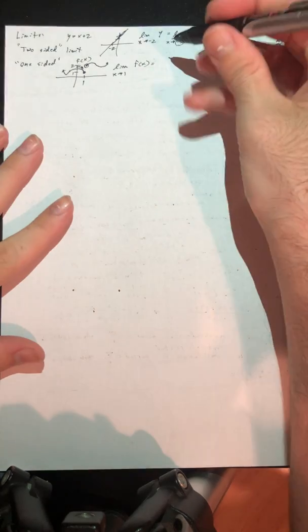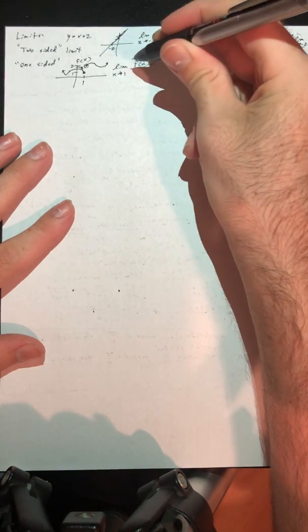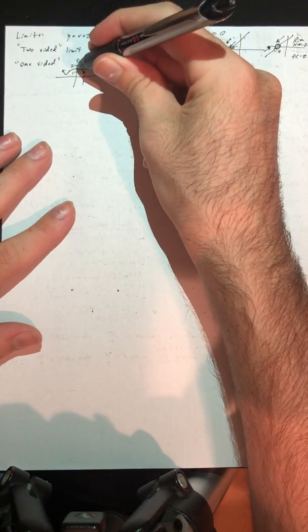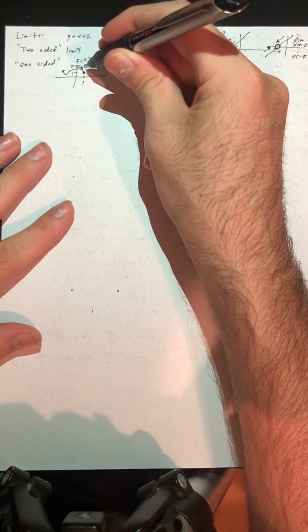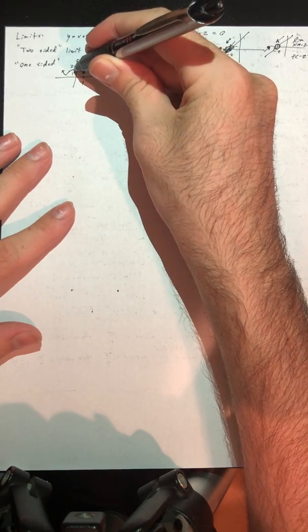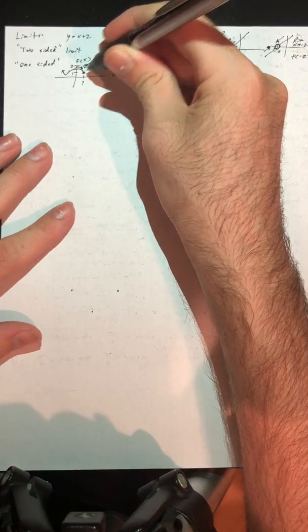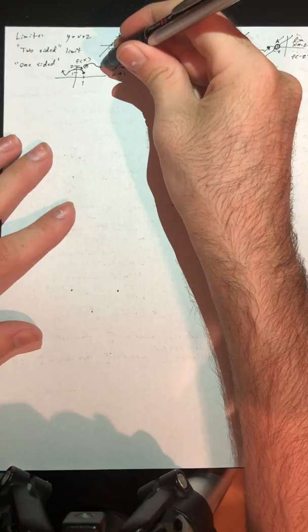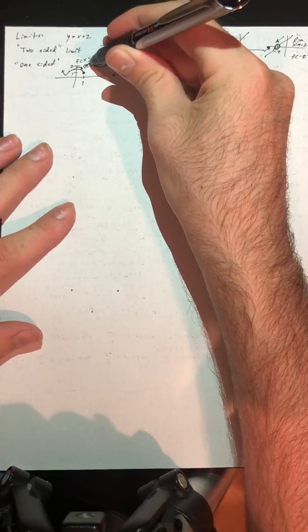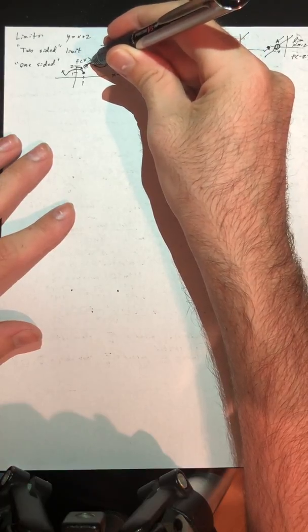If I just ask generically the limit as x approaches 1 of f of x, if you approach from the left, you get 1. But if you approach from the right, you're coming in and getting closer to 2.